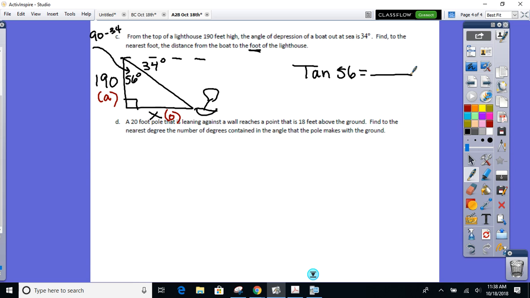X over 190, or 190 over X. Are we finding a side or an angle? A side, so I don't want to use the inverse button, only when I'm finding an angle.